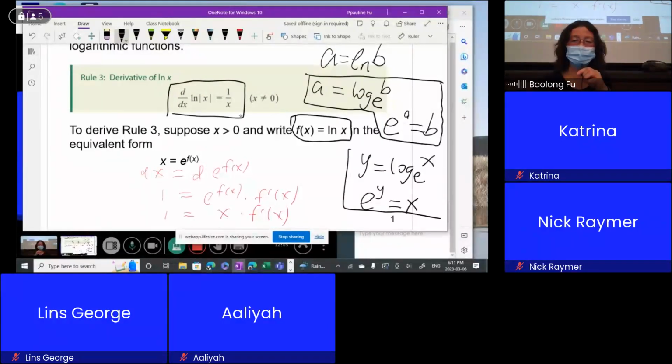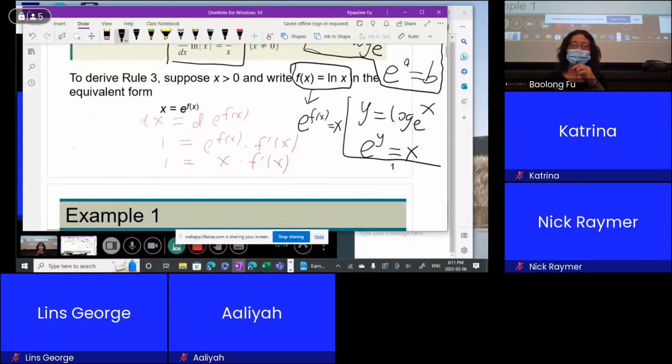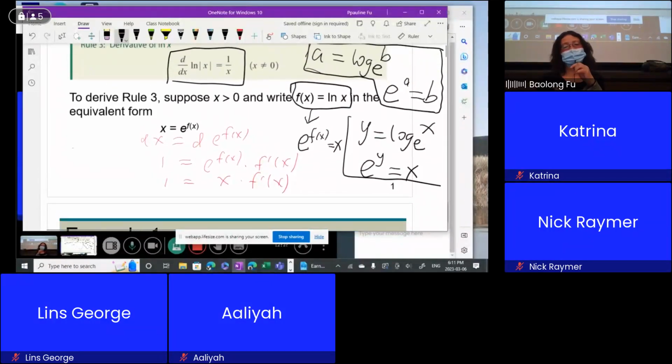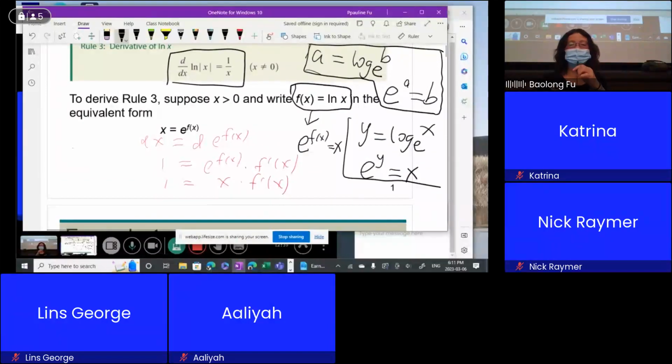Based on the hint I gave you, it should be e raised to the power f(x) equal to x, right? Once you have that, take the derivative of both sides.